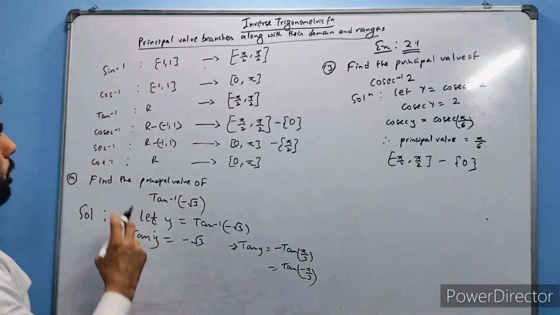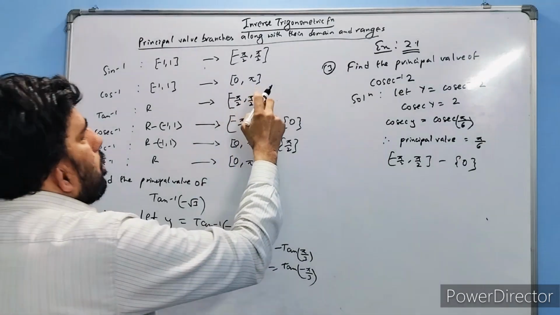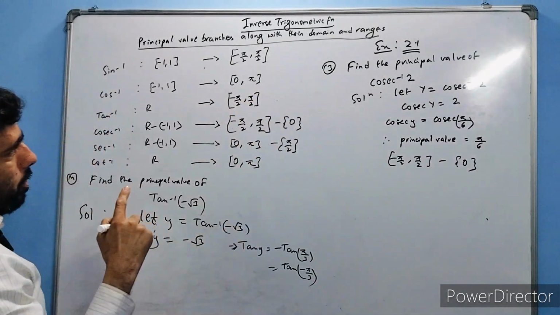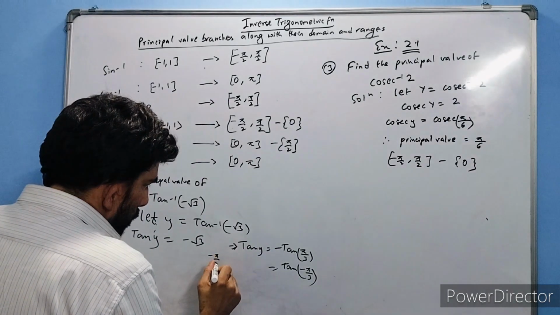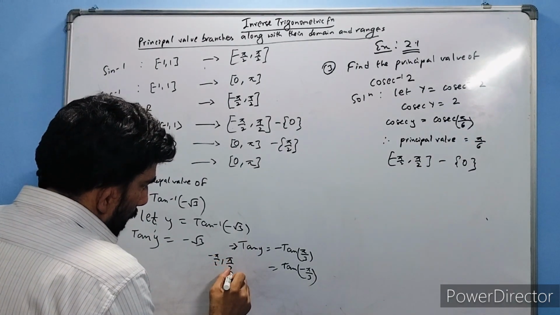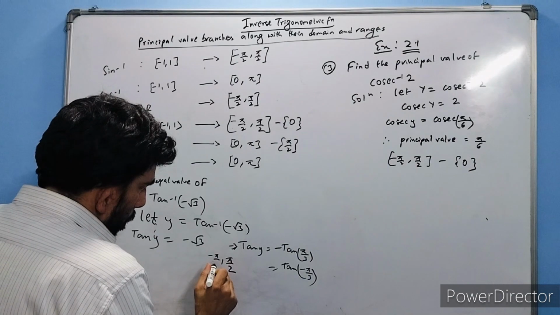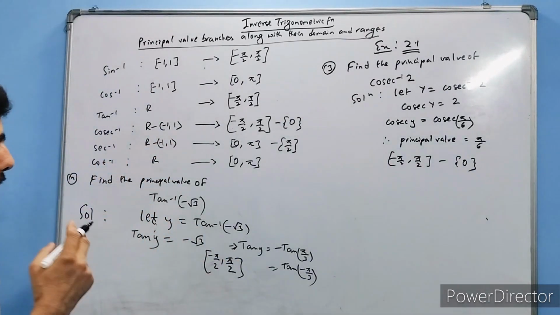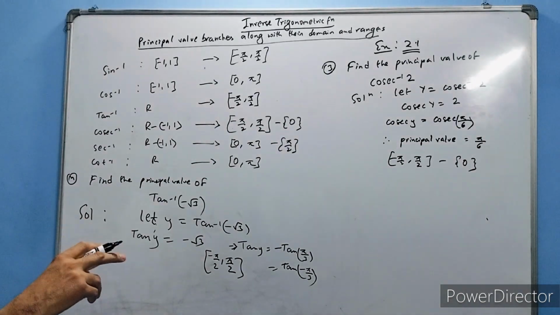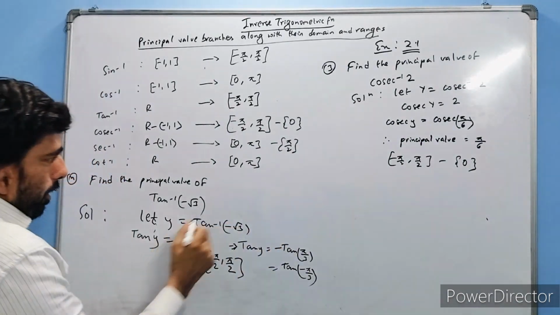As we all know that its range is between minus pi by 2 to pi by 2, so we can say its principal value will be minus pi upon 3.